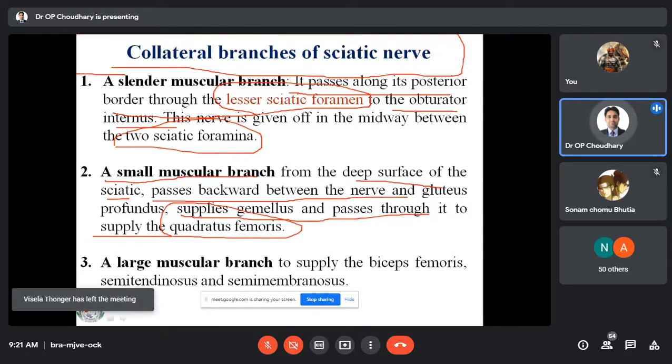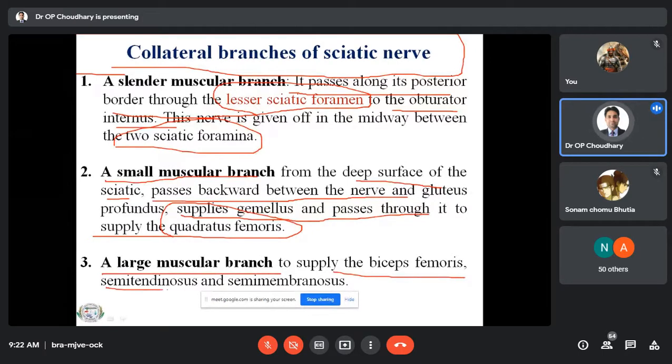Simply you have to recall these names of the 5 collateral branches. The first is the cylinder muscular branch, next is the small muscular branch, then number 3 is the large muscular branch, and this large muscular branch supplies the biceps femoris, semitendinosus and semimembranosus.